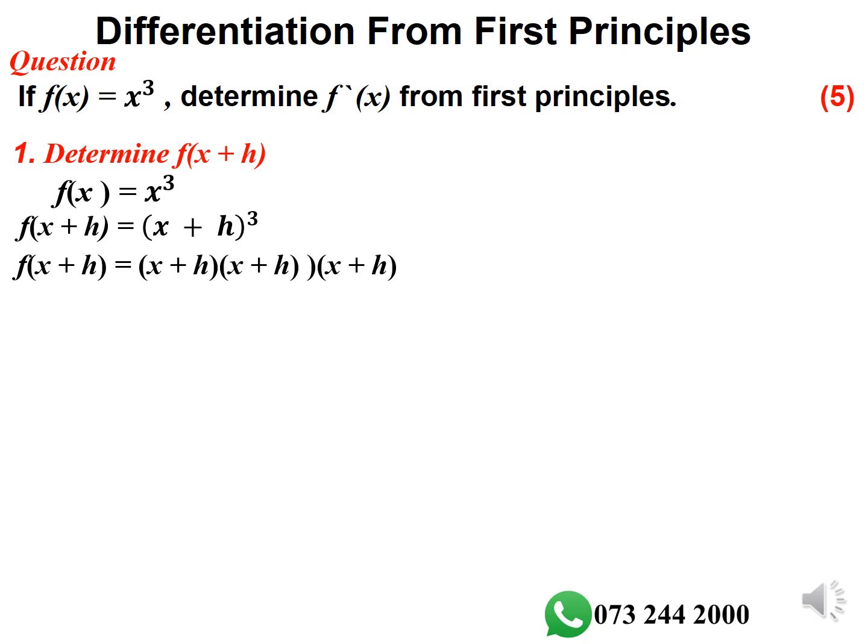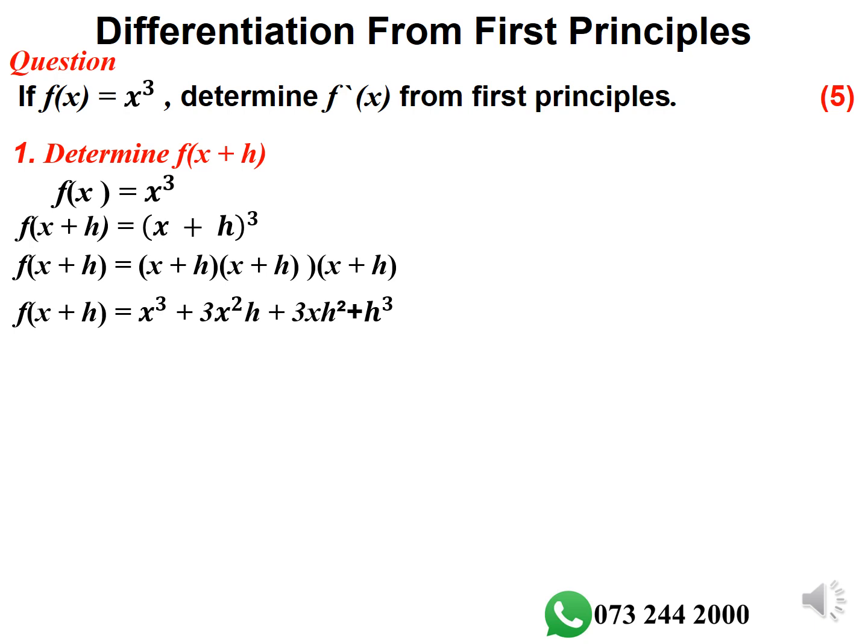That means the whole bracket x plus h will now multiply itself 3 times. So you have to expand this using the FOIL method and simplify to its simplest form. Calculate the value of f of x plus h.